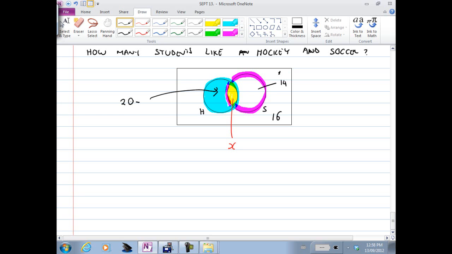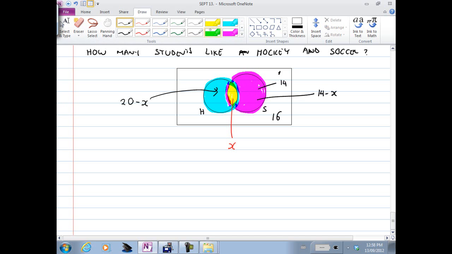Minus X. Because, would you agree, this yellow part is X, and it's part of blue, so if I only want the blue part, I go 20 minus X. Now, I want you to tell me what this purple part is. Only the purple part. 14 minus X. We always start with the middle one. Yes, that's correct. So this is 14 minus X.